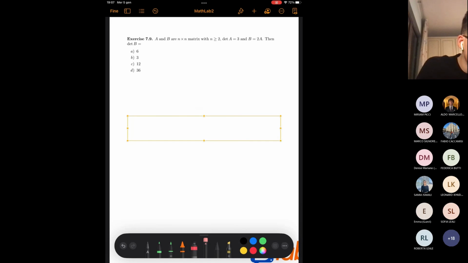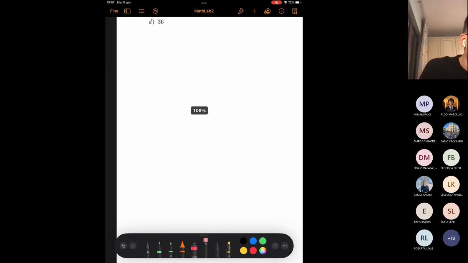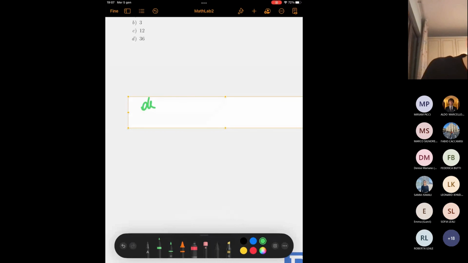The formula about determinants is not that difficult, because it just tells us how determinants work: the determinant of k times, for example, whatever matrix M, or A, or however we want to call it, let's say M, is equal to k to the power of n times the determinant of M.